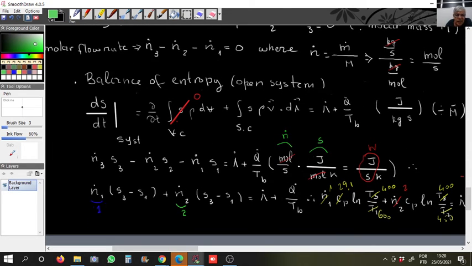Now, the assumption is steady flow: the partial derivative with respect to time of any of these variables is 0, they don't change with time. And this is mass times eta, the intensive property of entropy, and here is rho v dot eta.